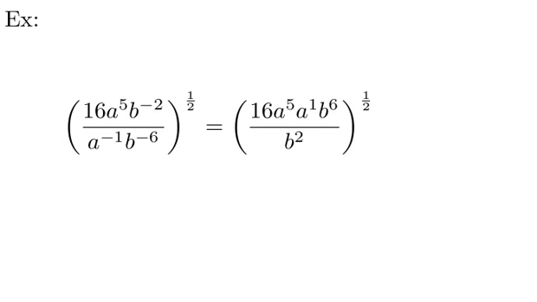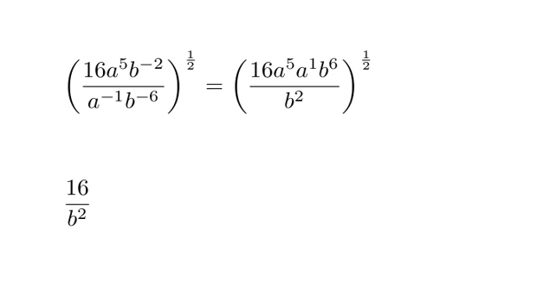We're still going to have the 16, and we're still going to have the b squared on the bottom. So this a to the fifth times a to the first is going to be a to the 5 plus 1, or a to the 6.